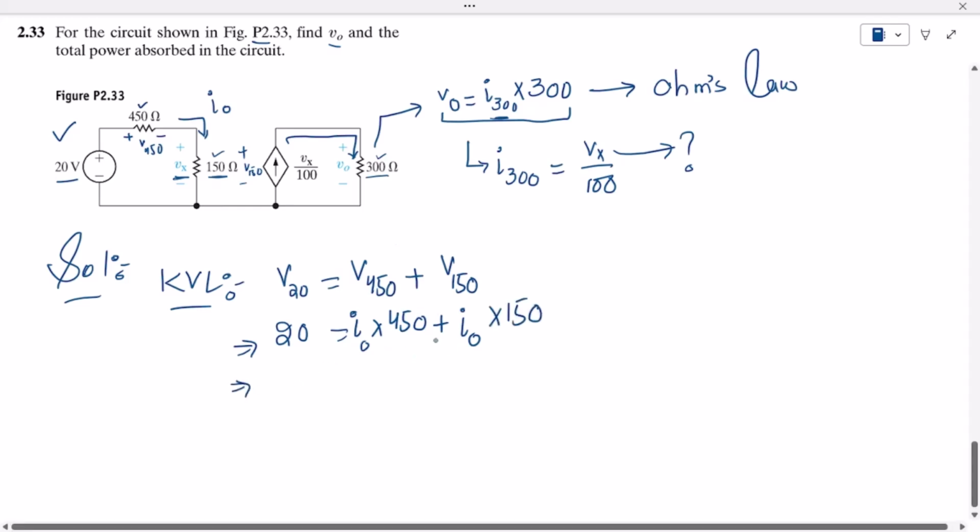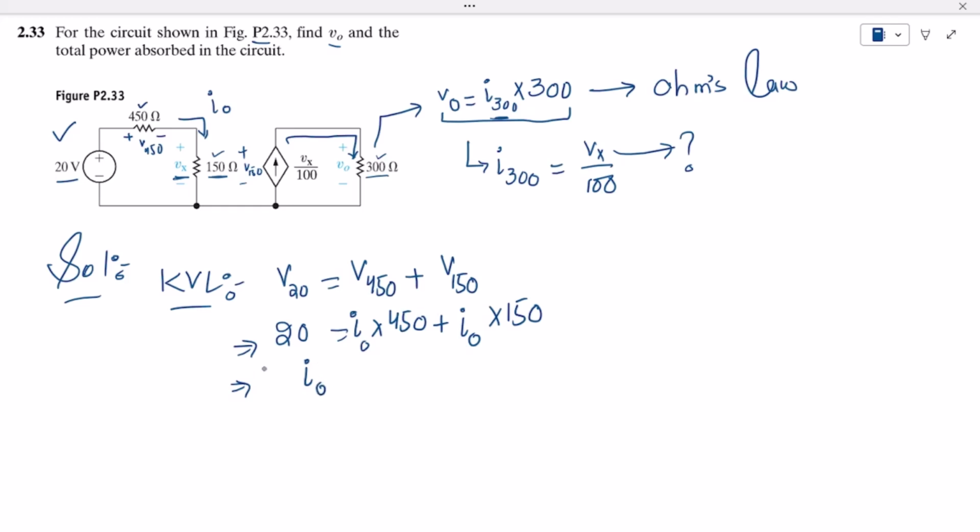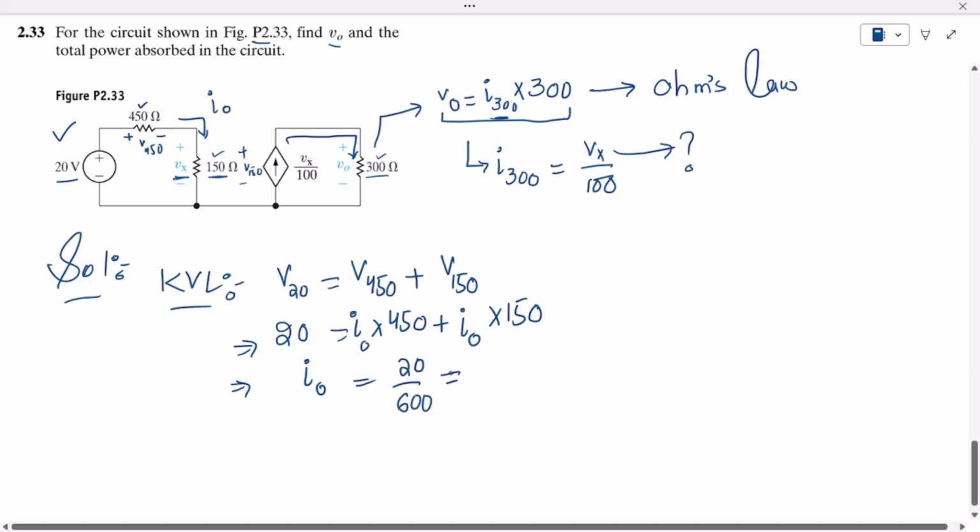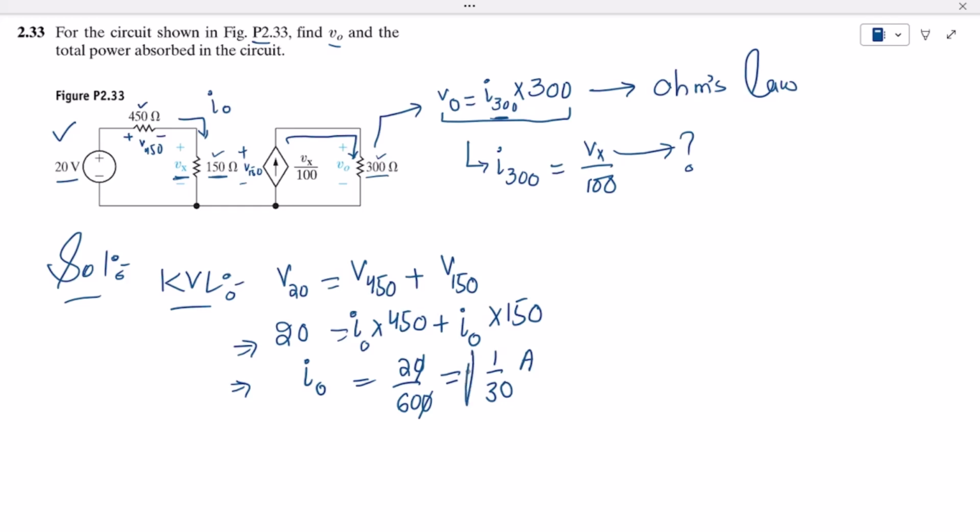Taking I naught common and adding all together, the value of I naught will be 20 divided by 600, which is 1 by 30 amperes.